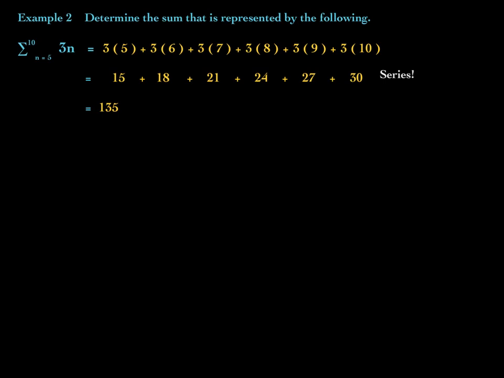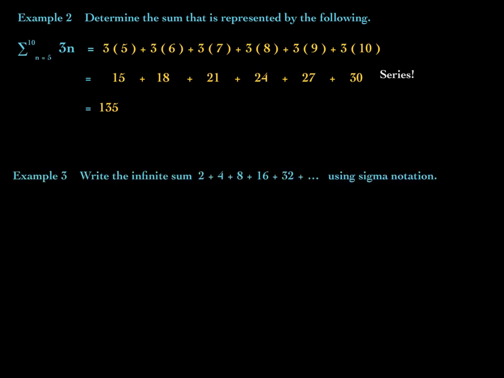This is really exciting. What I want you to notice is that sigma notation, this notation right here, represents all of this series. All of 15 plus 18 plus 21 plus 24 plus 27 plus 30 is represented in this notation. So really, sigma notation is shorthand for writing out a series.